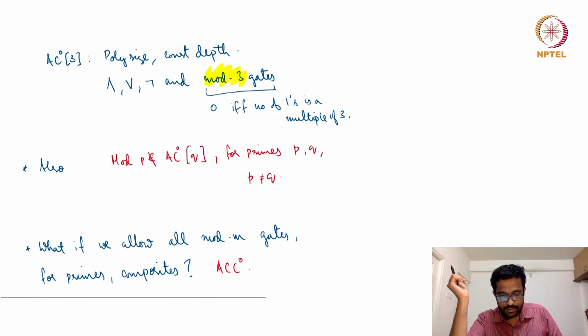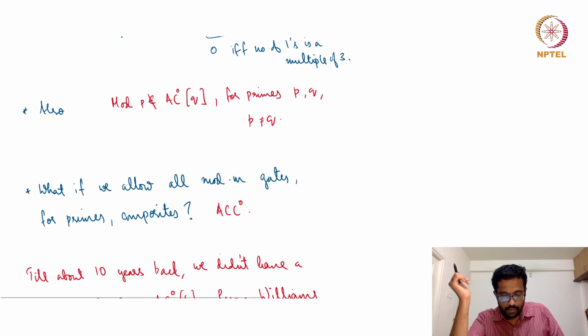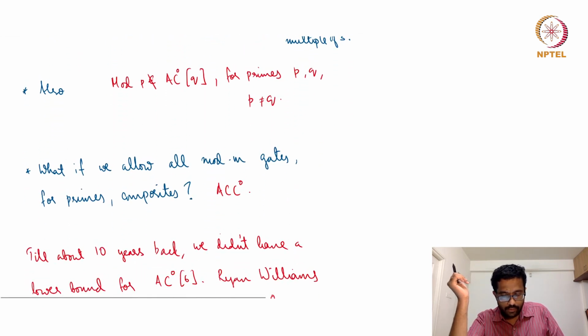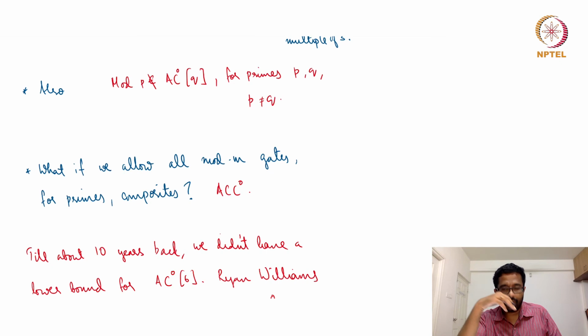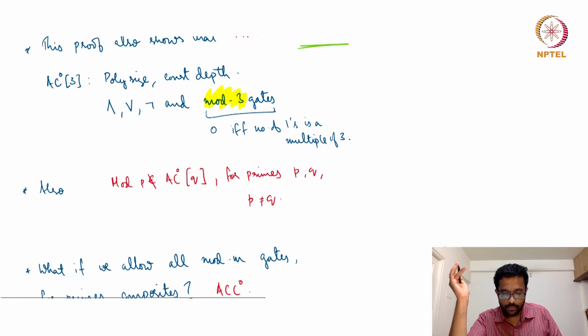Now this is AC0[Q]. So one point is this: we have a language, parity, that is not in AC0. Do we know a language that is not in AC0[Q]? Yes, I just said mod P is a function that is not in AC0[Q] when Q is a prime.